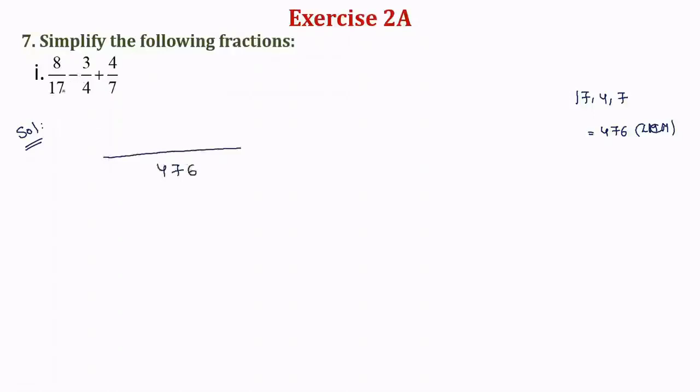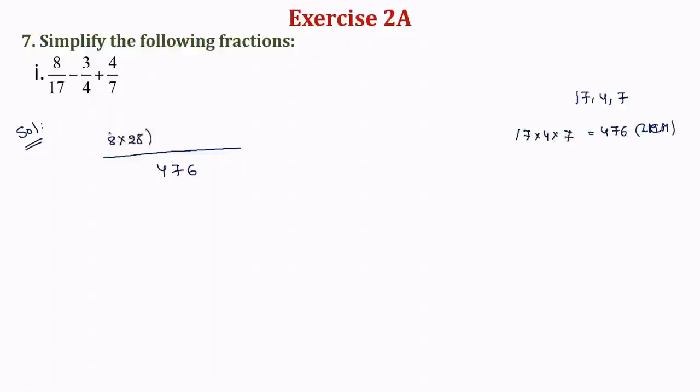476. Observe here, how many times of 17 is 476 here? You see, 17 into 4 into 7 is equal to 476. So 17 into how many times is 476? 4 7s are 28. So 17 28s are 476. So you have to multiply the numerator with 28 here.